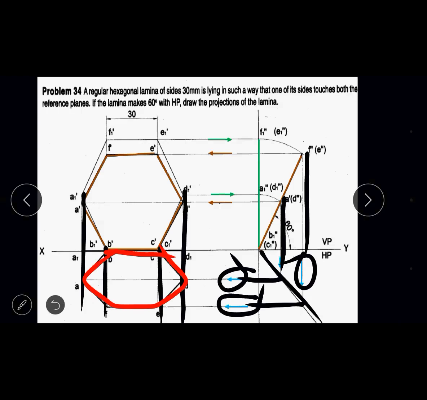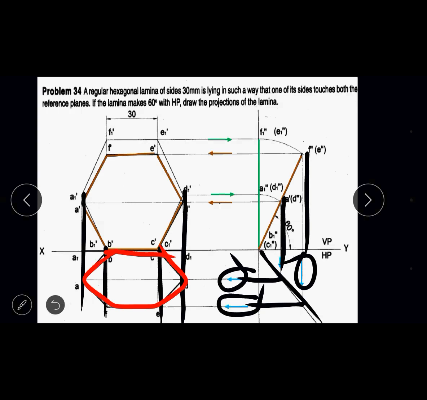So the side B dash and C dash of the hexagonal lamina will touch both HP as well as VP. And then you can tilt the lamina 60 degrees to the HP, so you will find the side view in the form of a 60-degree line. With the 60-degree line tilted lamina, the corresponding front view will get converted into an irregular shape.